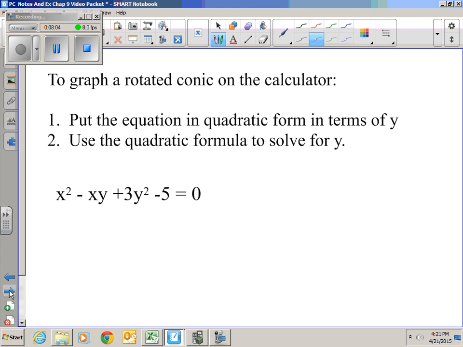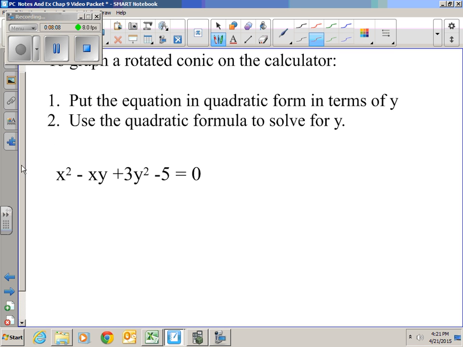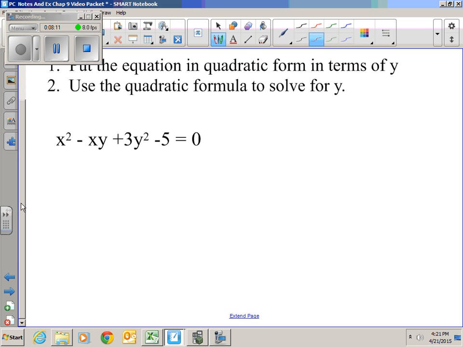Let's graph this rotated conic on the calculator. First thing we're going to do is just figure out what type of conic that is. And I'm going to do that by doing the B squared minus 4AC. So looking at this right now, B is negative 1. So negative 1 squared minus 4 times A, which is 1, times C, which was 3.